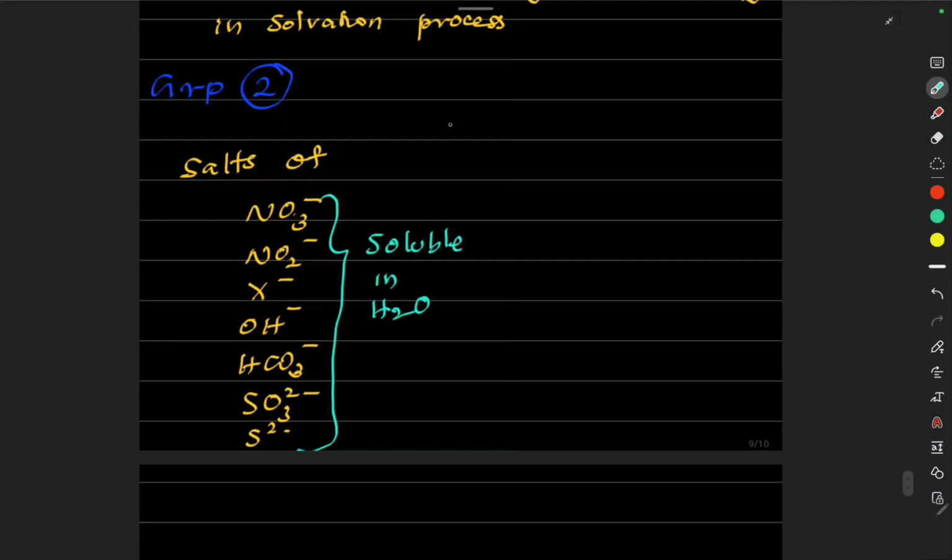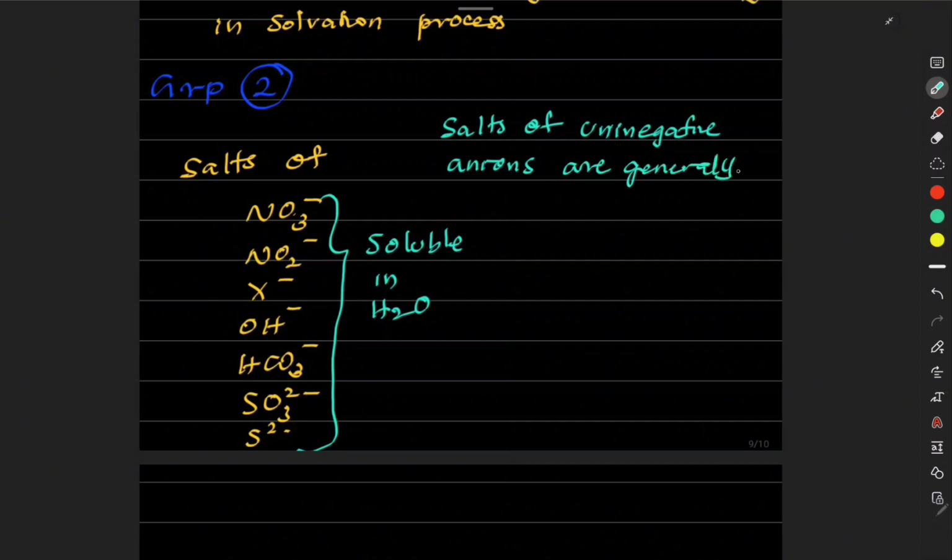Another point is salts of uni-negative anions are generally soluble.